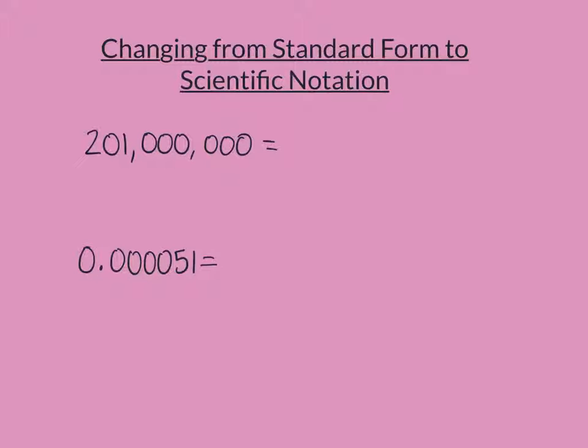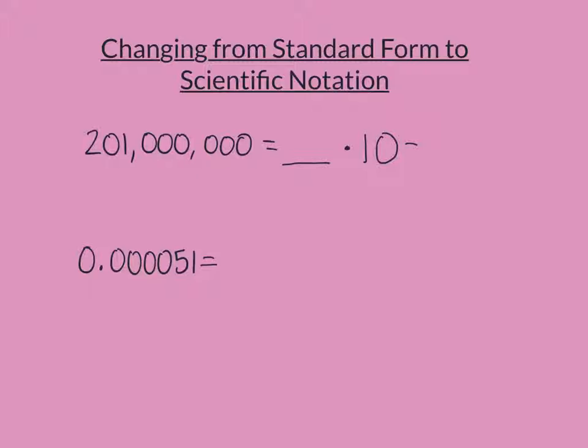The last part of today's lesson is going to be going in the reverse way. So we start off given standard form, and we need to change it to be in scientific notation. So in scientific notation, we should have a number times 10 to the power of something. So remember, this number needs to be at least 1 and less than 10.